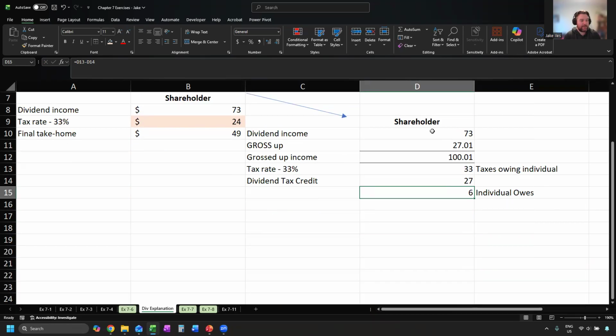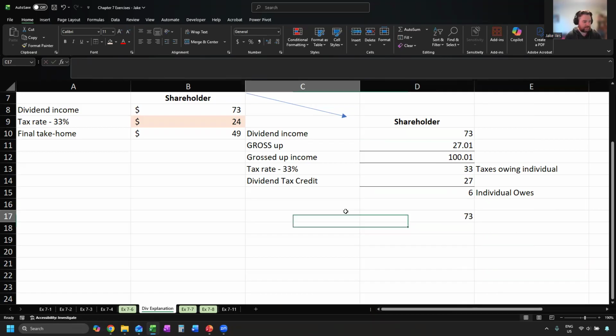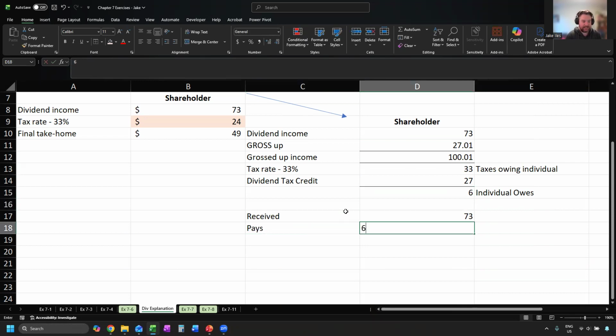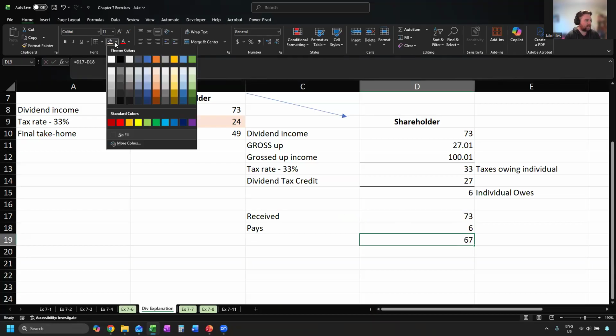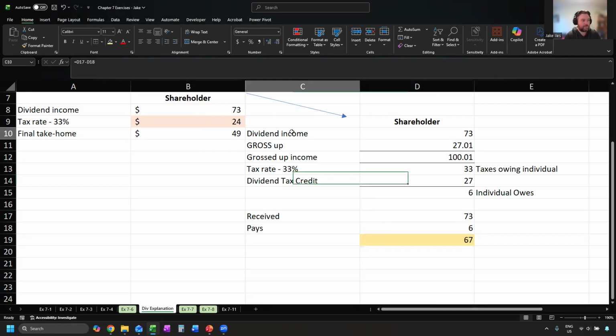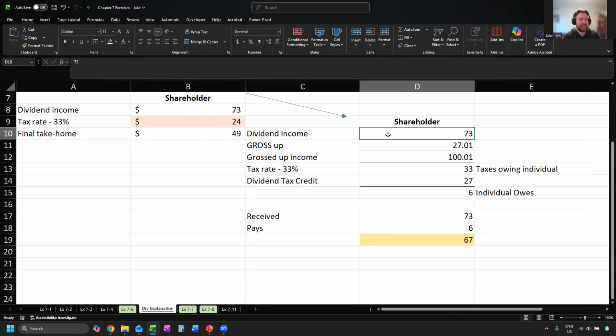So I came out like this. The shareholder received the dividend of $73 and pays the difference in tax of 6. So they are left with 73 minus the taxes we pay, $67. So this is the outcome from receiving the dividend income from the corporation. I received $73.